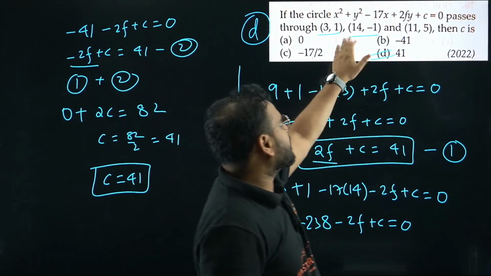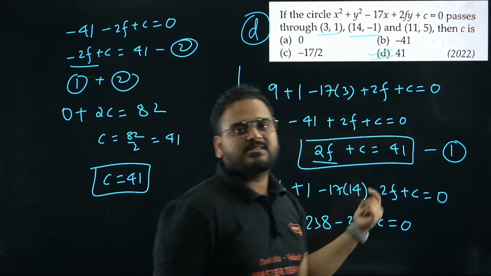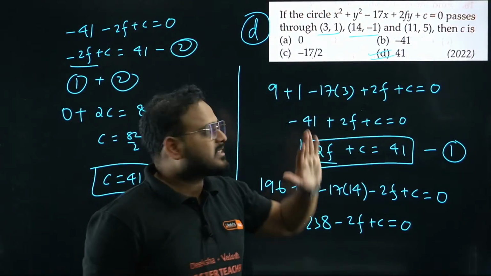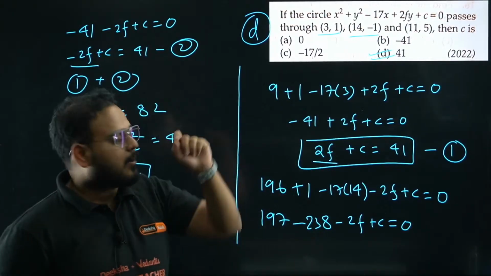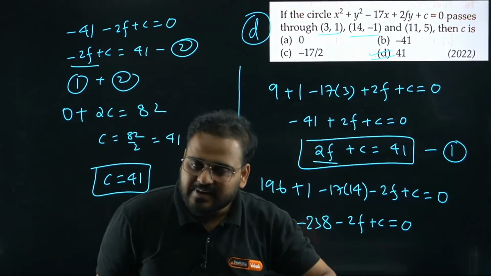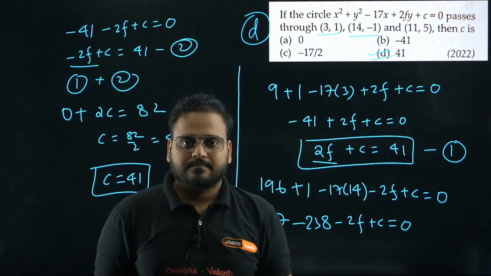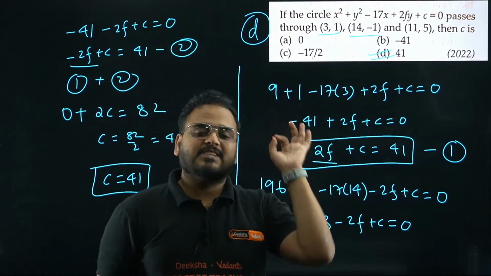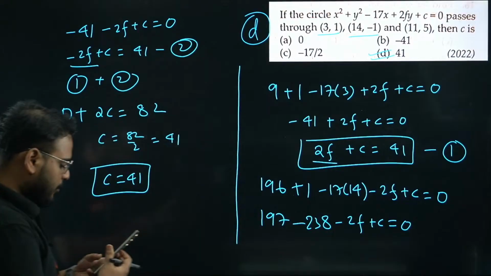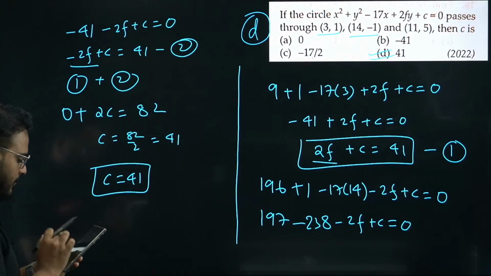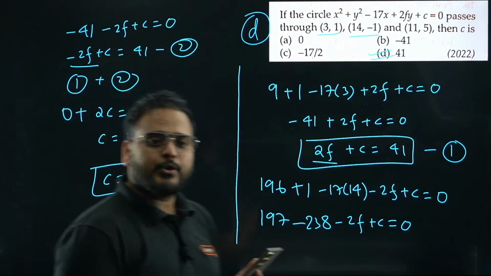Same if you take the second coordinate, again the same statement. So you are using none of the properties of a circle, only one thing that you learnt in algebra: a point on the line will satisfy the equation of the line, and a point on the curve will satisfy the equation of the curve. Don't you know that? That is all. I hope I am able to explain that part. Does it make sense to you?